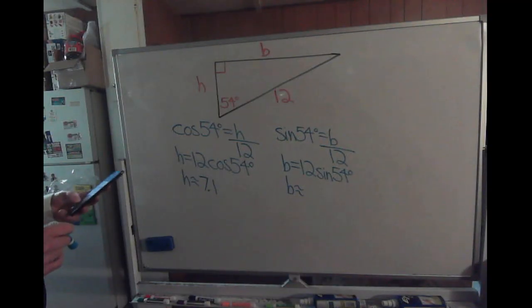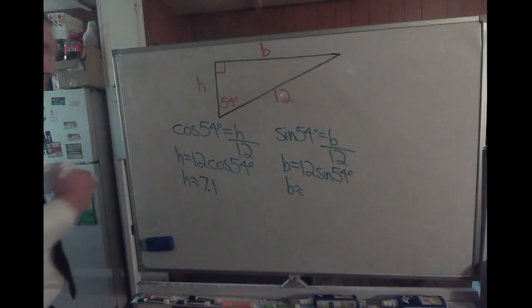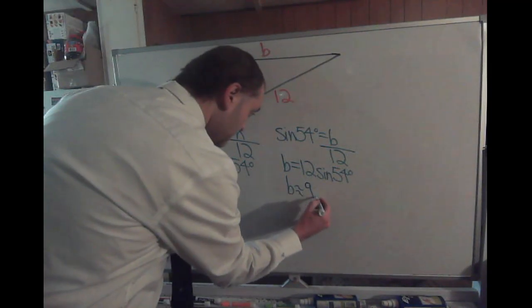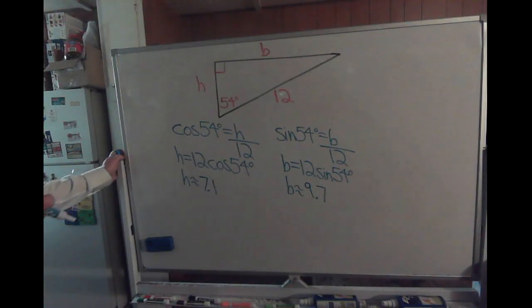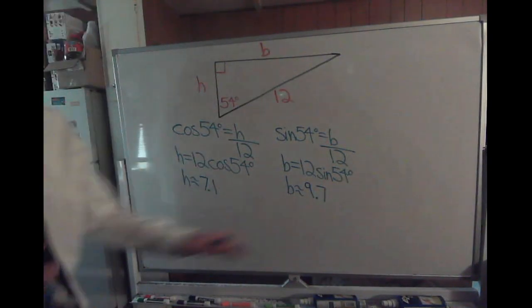So let's go ahead and figure that out. So 12 times the sine of 54 gives you about 9.7. So the length of your base is approximately equal to 9.7 units.